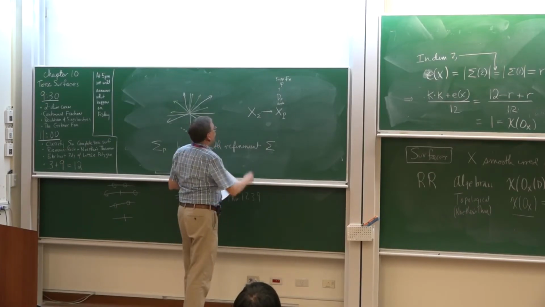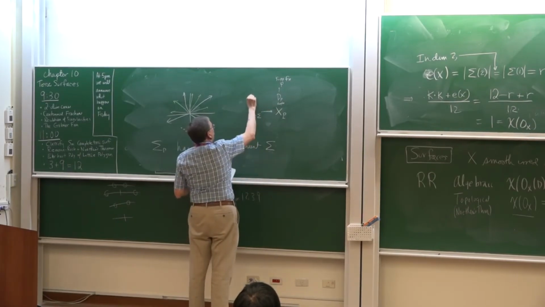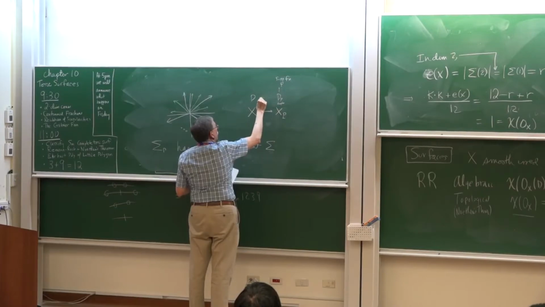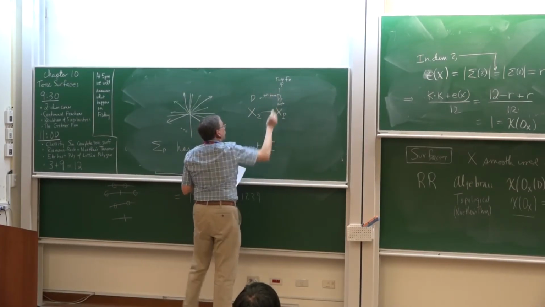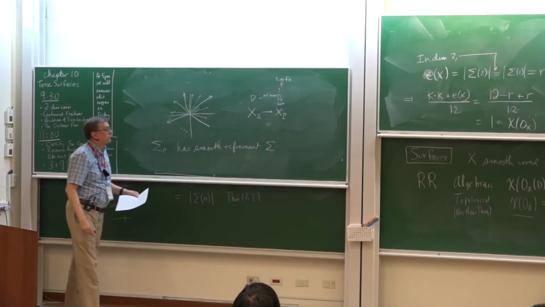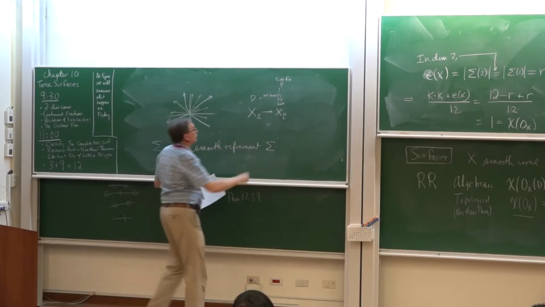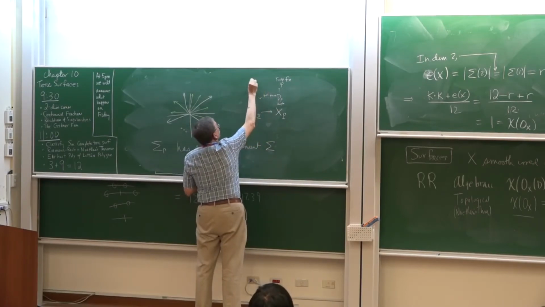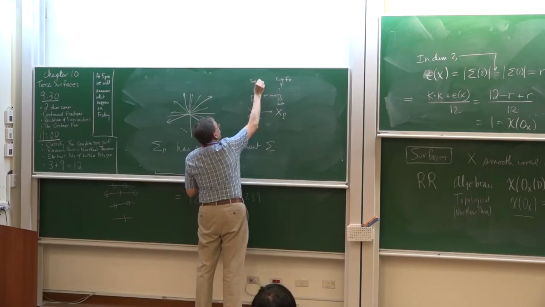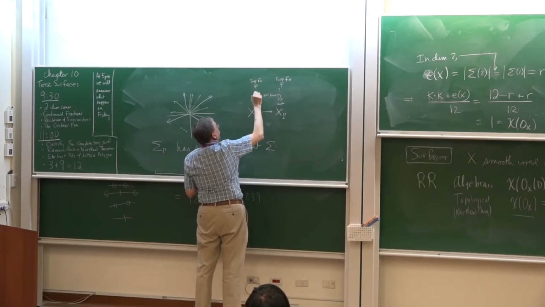And then I can pull back, and the way that it works is I basically use the exact same support function, phi.